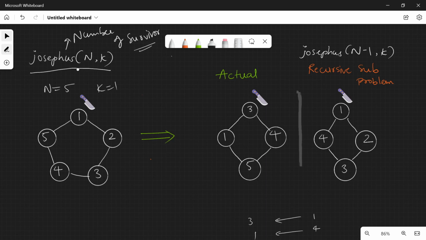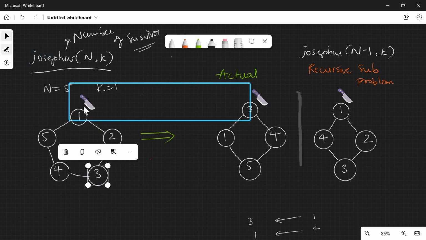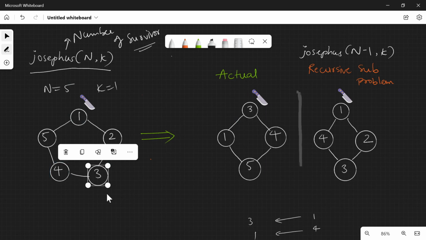What will this function return? It will return the number of the survivor. In this case, we saw earlier that 3 will survive in this game. So this function should return 3 in the end. That's what this function solves.